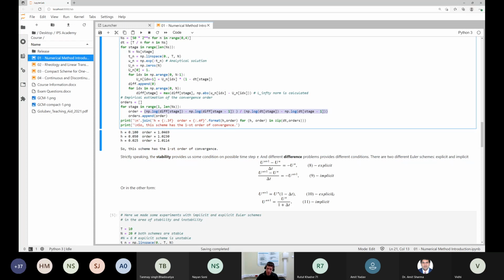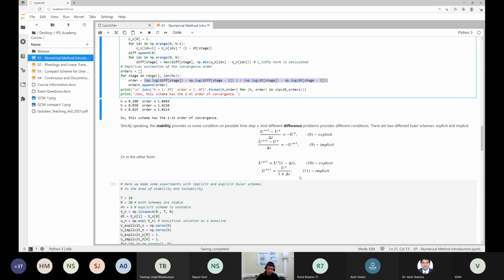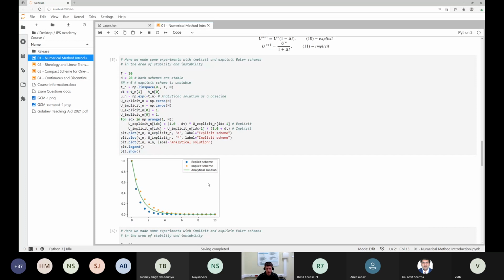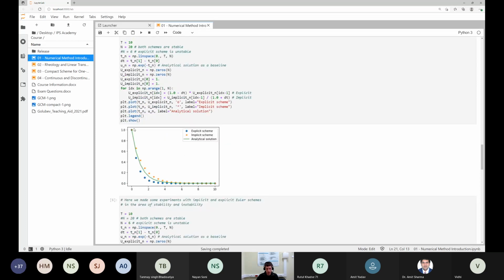We can use the implicit method, and here I put the analytical solution in green. The result simulated by the explicit scheme is shown with blue points, and with the orange stars I put the result calculated on the same mesh using the implicit scheme.